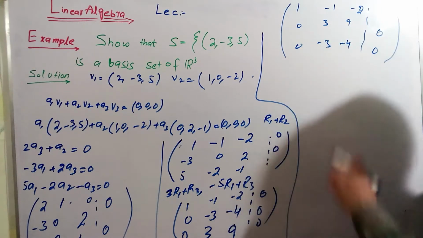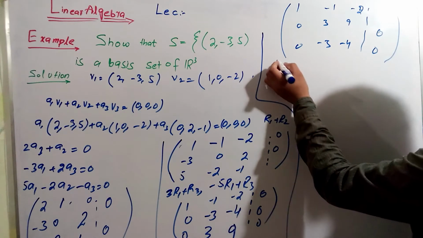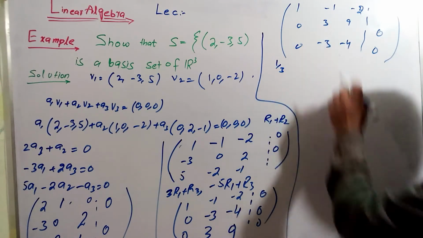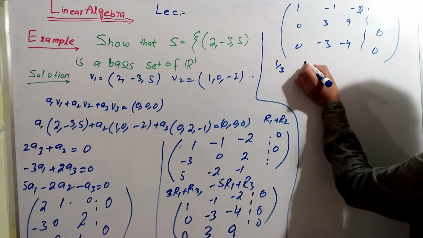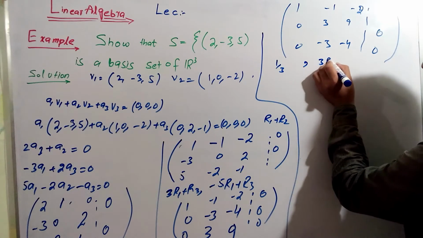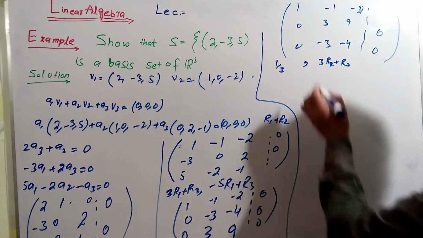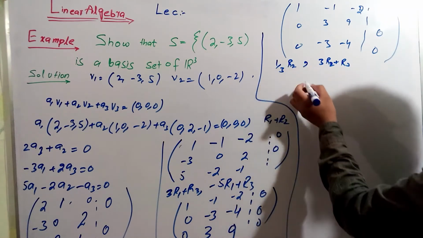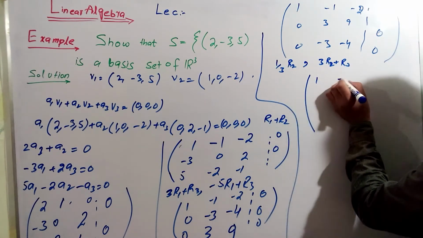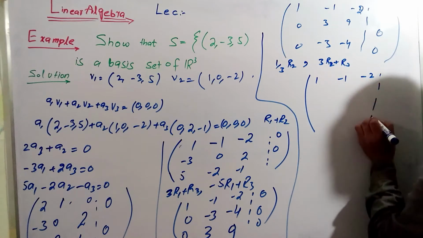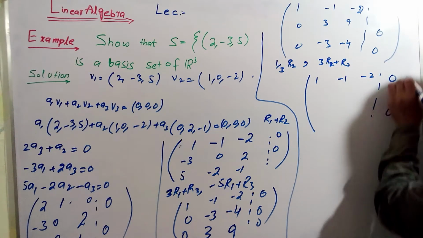If you multiply by 1 by 3 term, then 1 by 3 term will be pivot 1, right? So second step we can say 3R2 plus adding R3. We reduce some steps here, so here will be 1, negative of 1, negative of 2, 0, 0, 0, right?